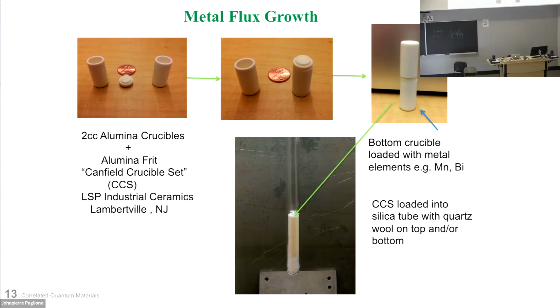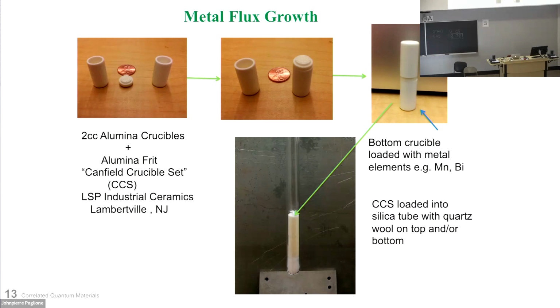You can buy this set for not much money from LSP Industrial Ceramics in New Jersey. It's called the Canfield Crucible Set because Paul worked with the guy who runs the company who produced these. And these are really nice, relatively clean ways to do flux growth.